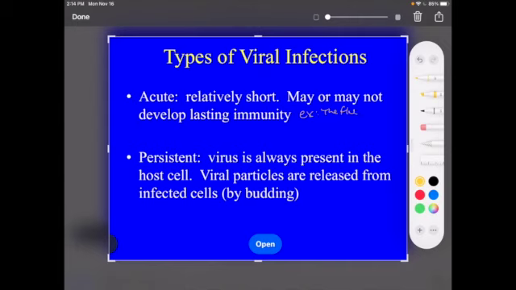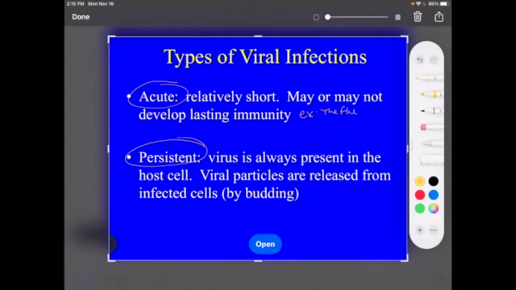The flu is an acute infection, but there are viral infections that persist, meaning that there's always virus present somewhere in the host cell, and depending on the type of persistent infection, a person might be contagious, or they might have periods where they are not contagious at all.